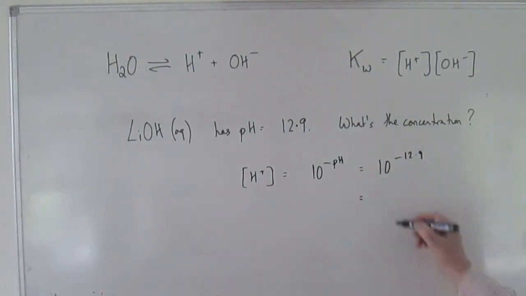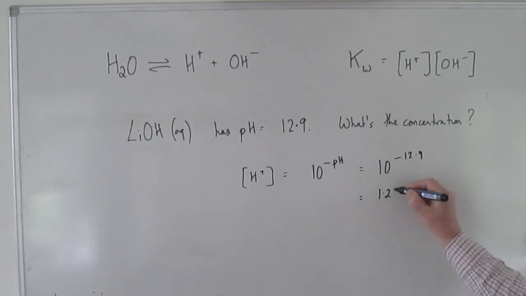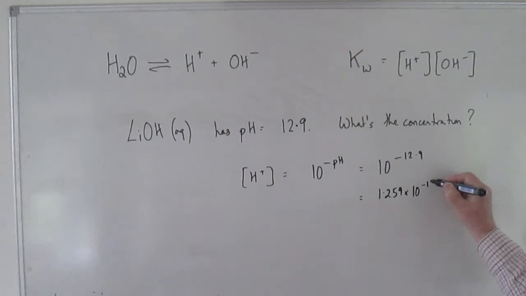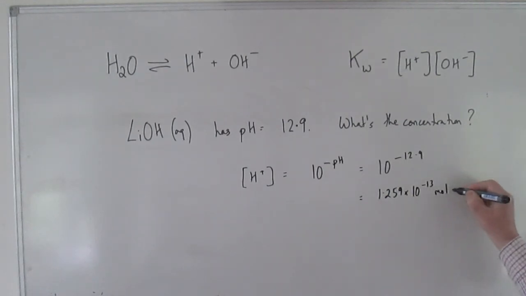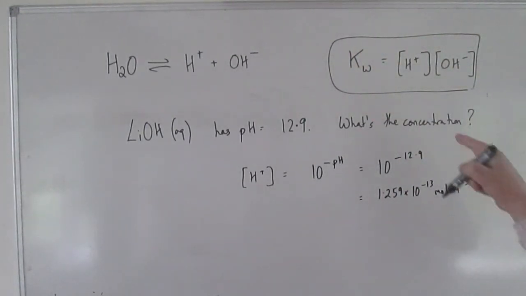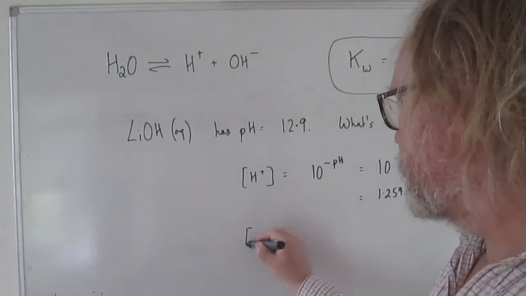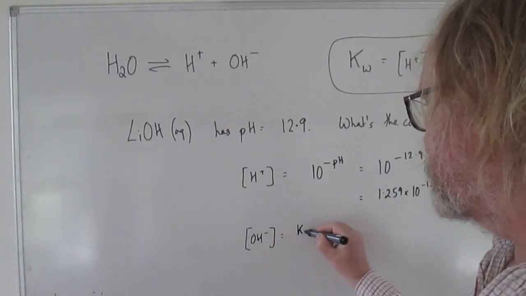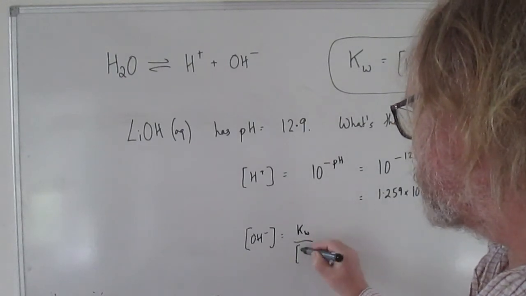And that works out as 1.259 times 10 to the minus 13 moles per dm cubed. So that's the H+ concentration, but we want to know what the OH- concentration is.